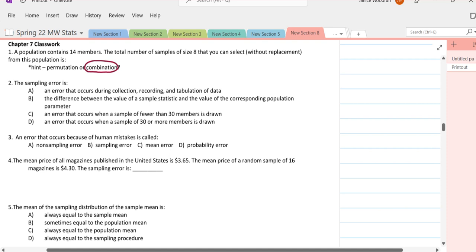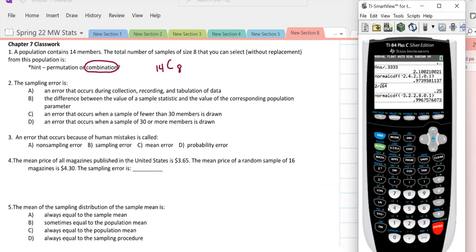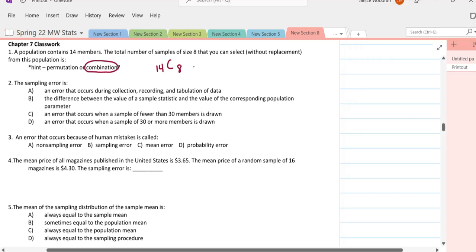Permutation, the order matters. So then this would be 14 C 8. Okay, so we would go 14, math over to probability, nCr 8. And that's going to be 3003.